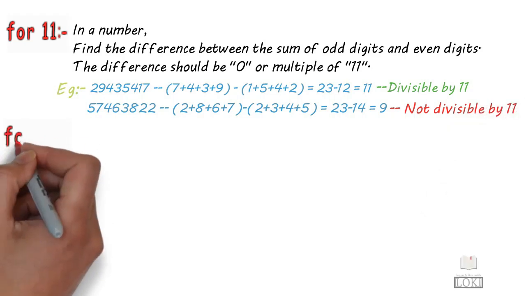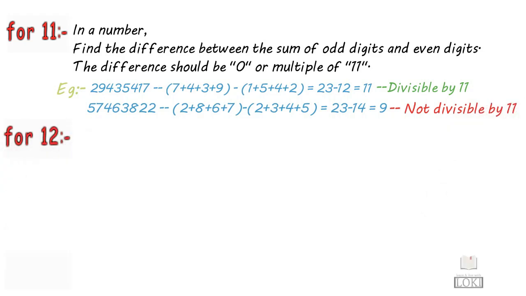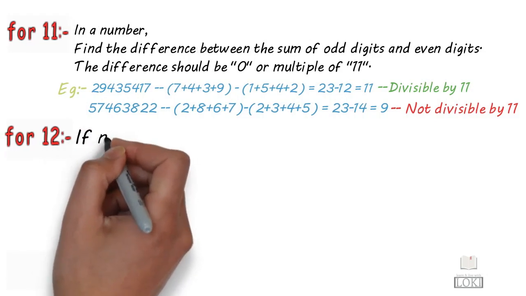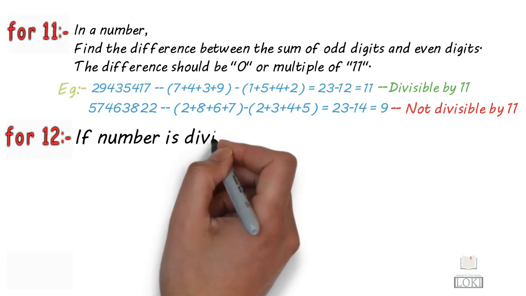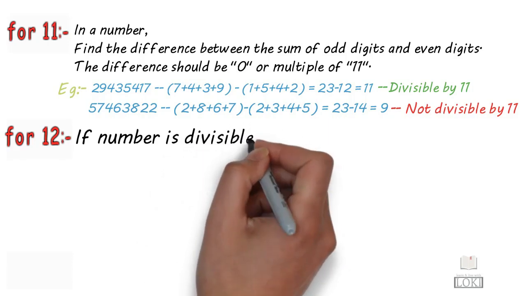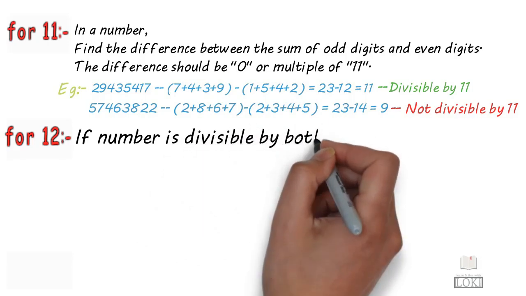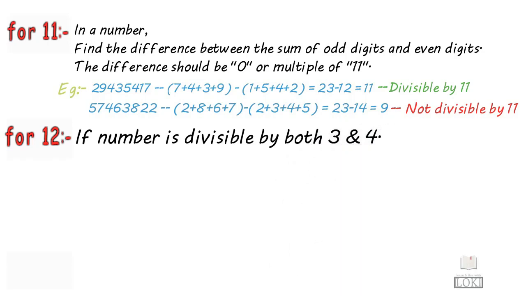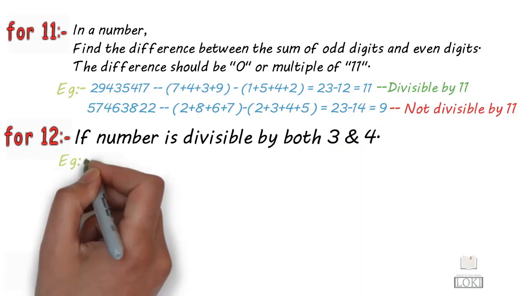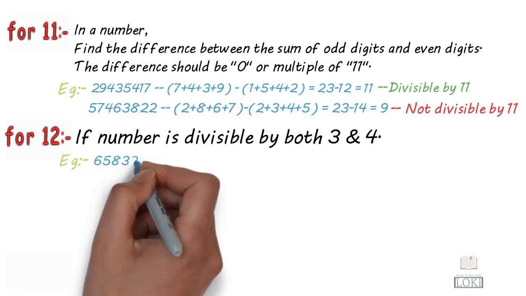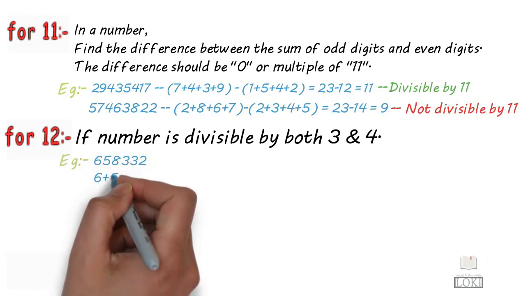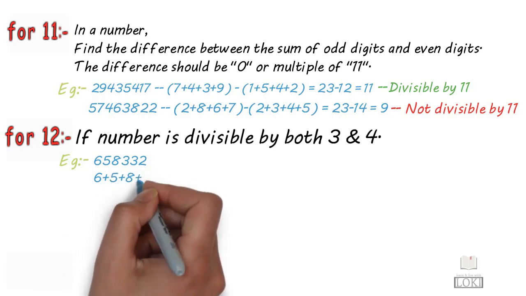Now let's see the divisibility rule for 12. We can say that a number is divisible by 12 only if that number is divisible by both 3 and 4. Now let's see the rule with an example. In this example, 65832, first of all we need to look at 3.